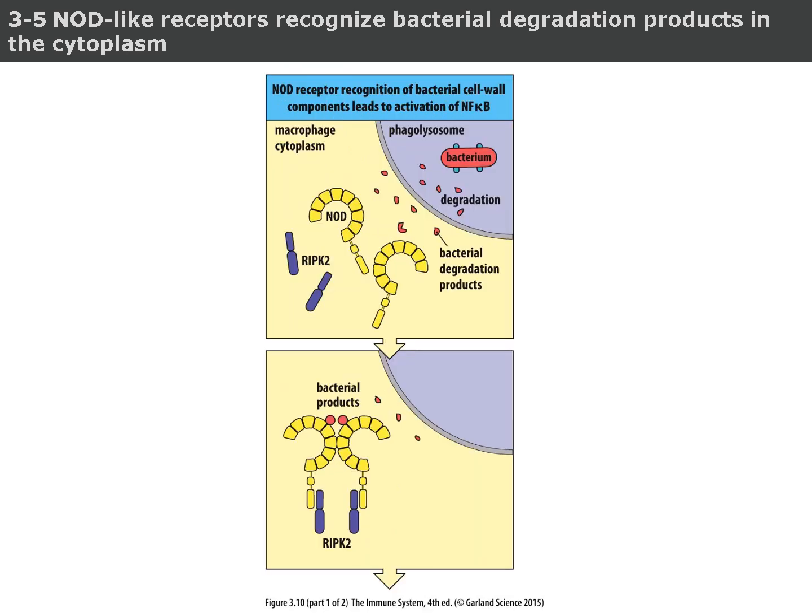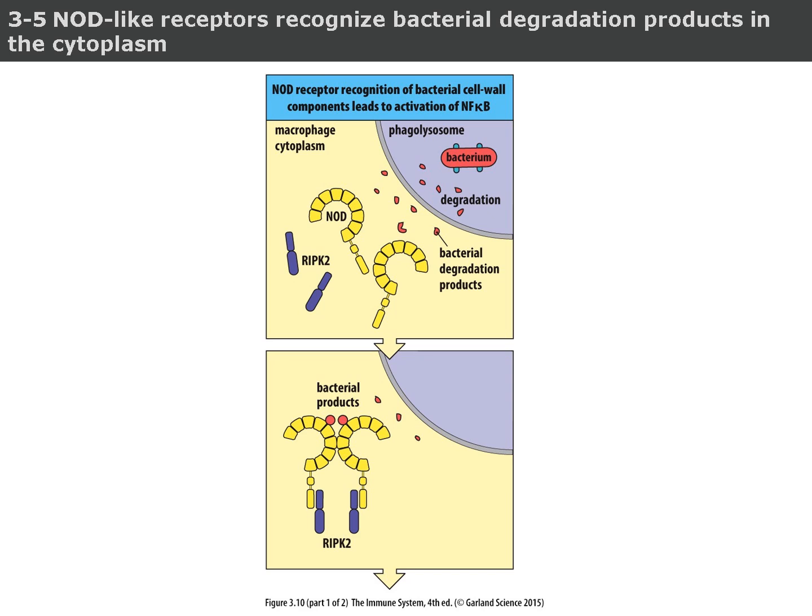This image shows the early steps in how immune cells detect bacterial invasion inside the cell. After a bacterium is engulfed and broken down inside a compartment called a phagolysosome, small fragments of the bacterium escape into the cytoplasm. These bacterial fragments are recognized by special sensors inside the immune cell, known as nucleotide-binding oligomerization domain receptors.